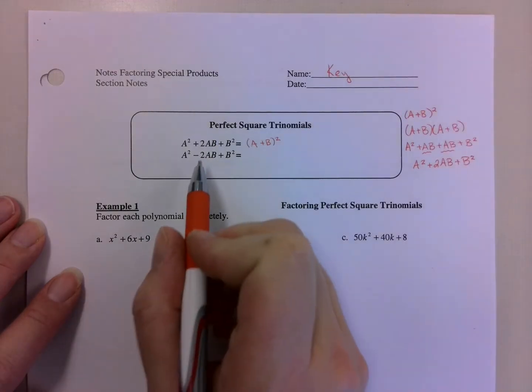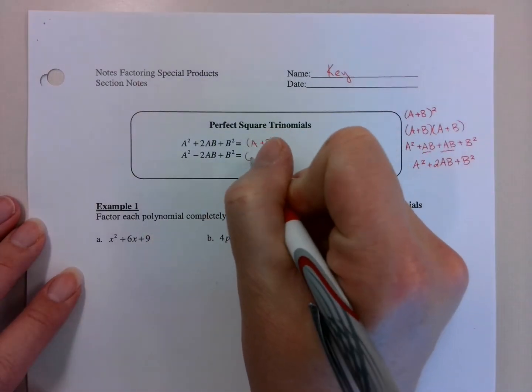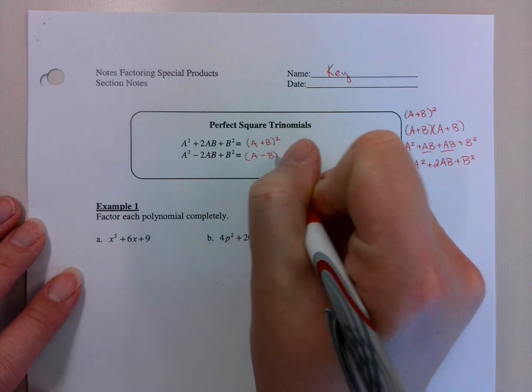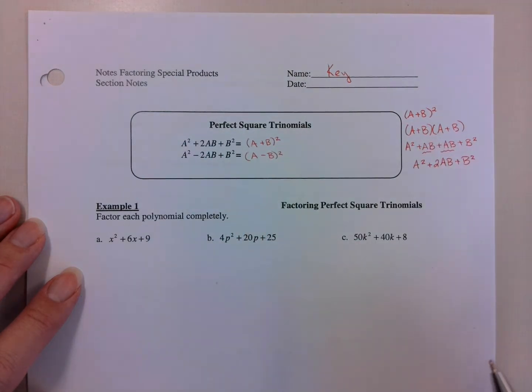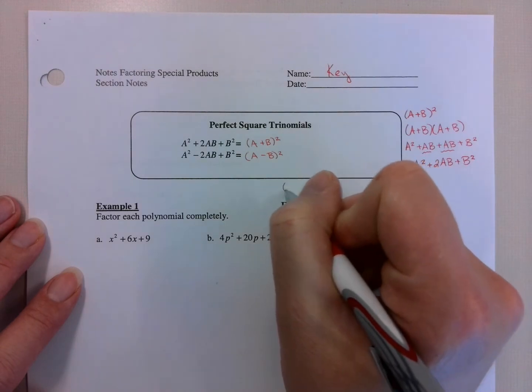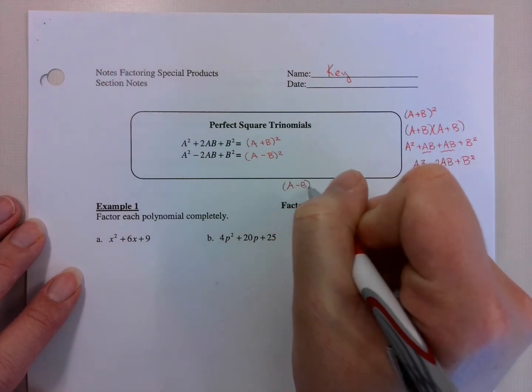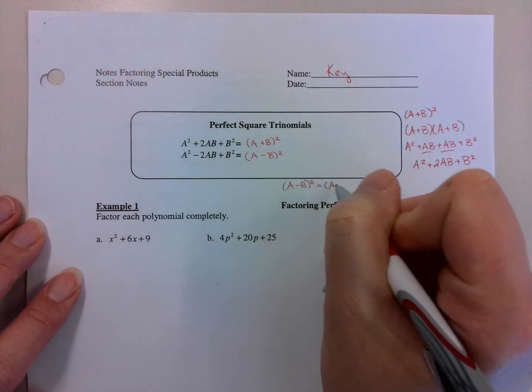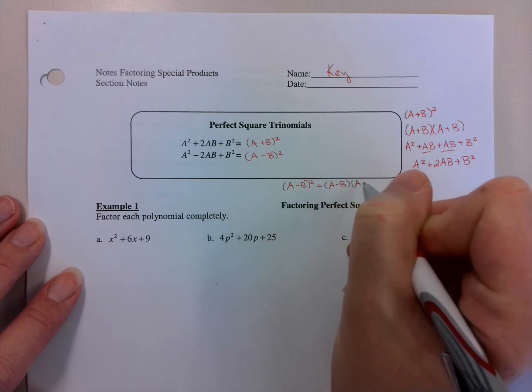All right, now, if the middle term is negative, that is not a big change. If the middle term is negative, you would have your (a - b) quantity squared, which is (a - b) times (a - b).